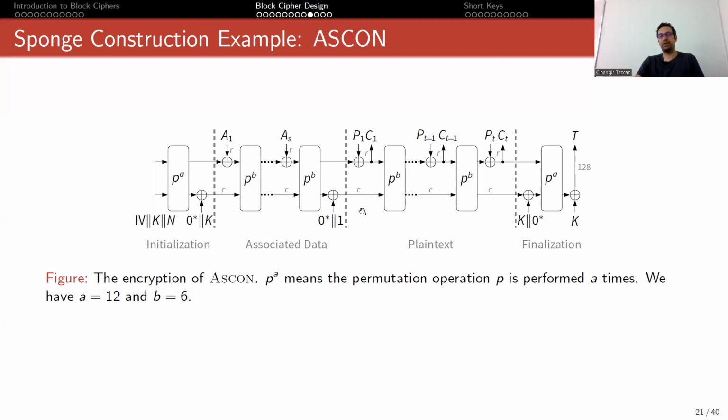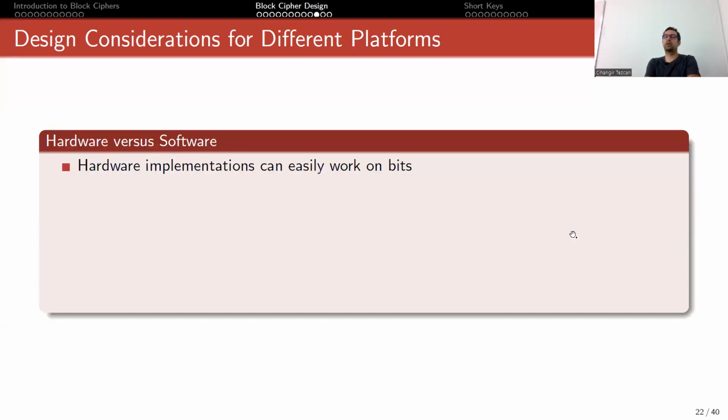So you are trying to find a sweet spot between R and C and so on. We will talk about Ascon in the future. I actually will implement it using the C programming language, so you will see how the internals of this algorithm work. But this is an authenticated encryption algorithm, so we will talk about it when we talk about authenticated encryption.